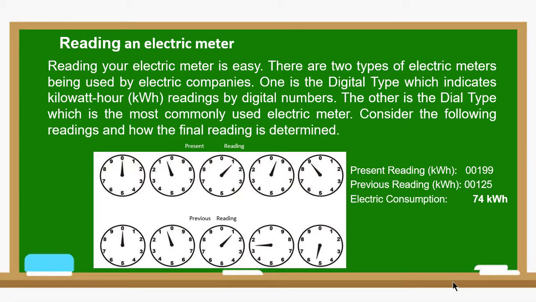Consider the following readings and how the final reading is determined. Present reading, 199 kilowatt-hour. The previous reading, 125 kilowatt-hour. Therefore, the electric consumption is 74 kilowatt-hour.